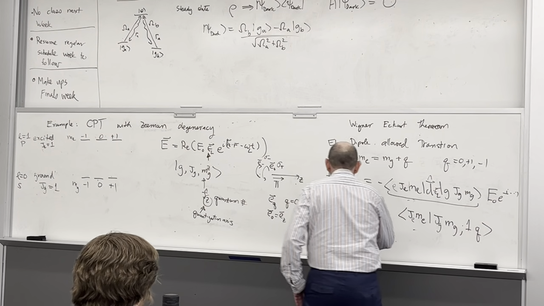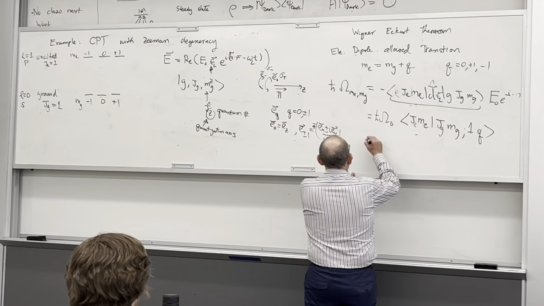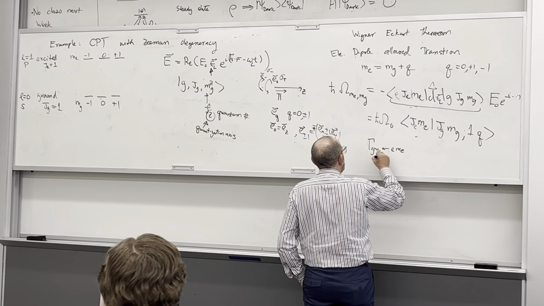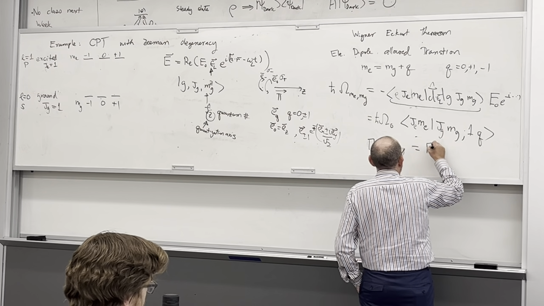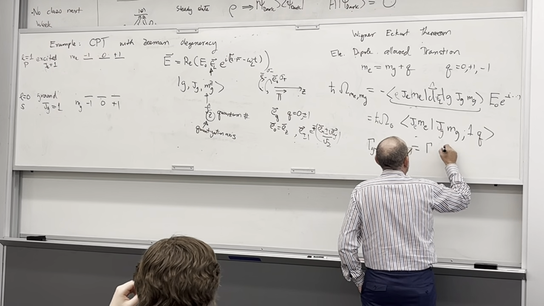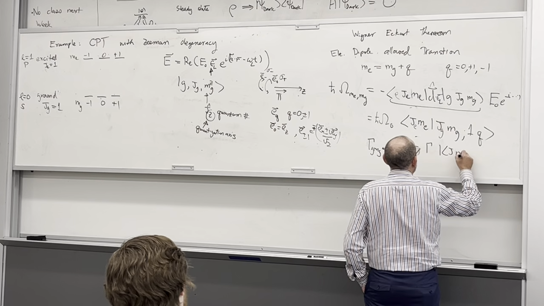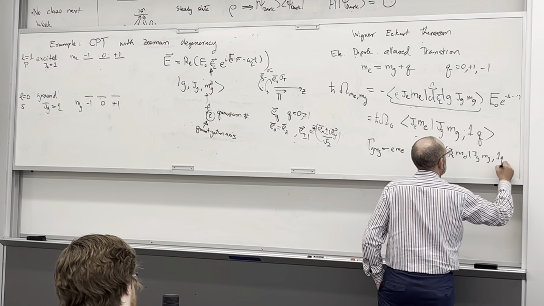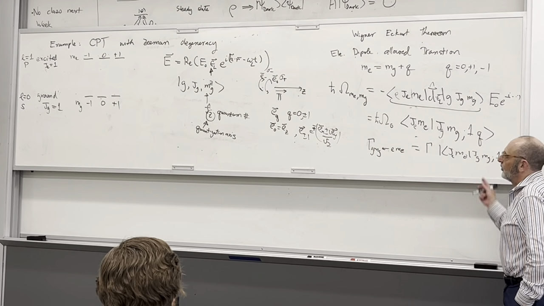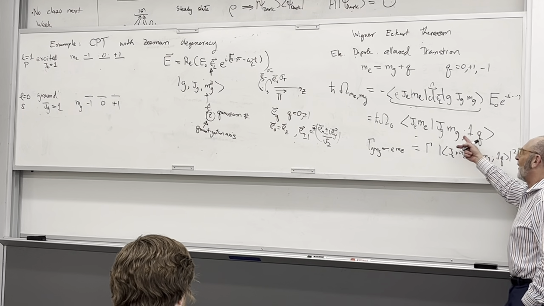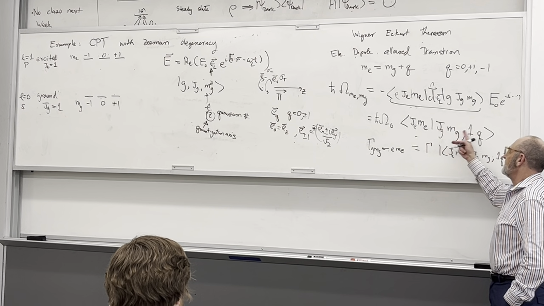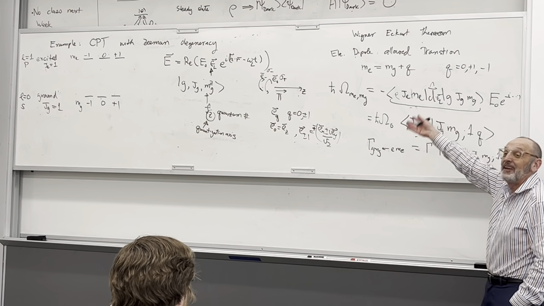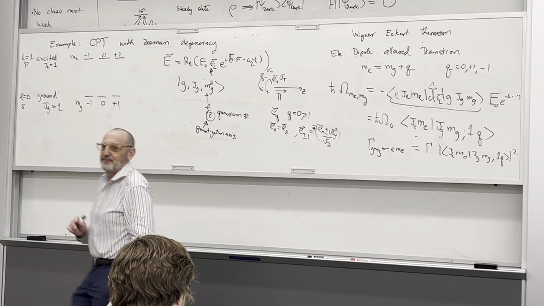Moreover, the rate of decay, which starts in some excited state and goes to the ground state, is gamma times the square of the Clebsch-Gordan coefficient, because it depends on the dipole matrix element squared. Okay, and of course this is non-zero only if ME is equal to mg plus q, according to the rules of the addition of angular momentum and Clebsch-Gordan coefficients, which is where the selection rules come from in the first place. Okay.